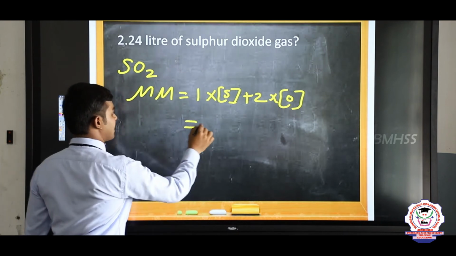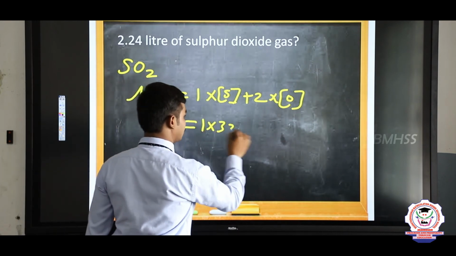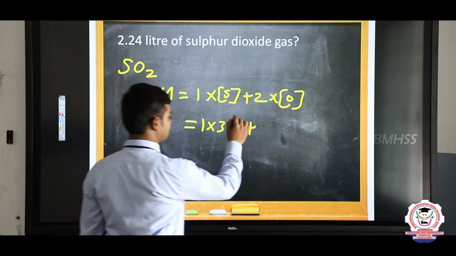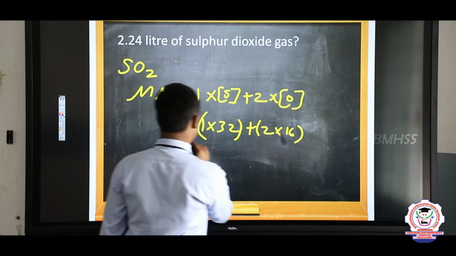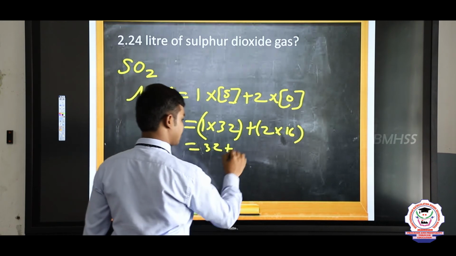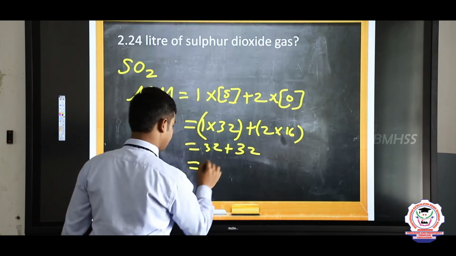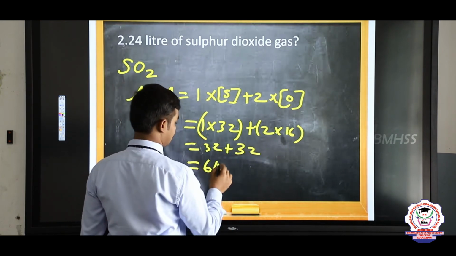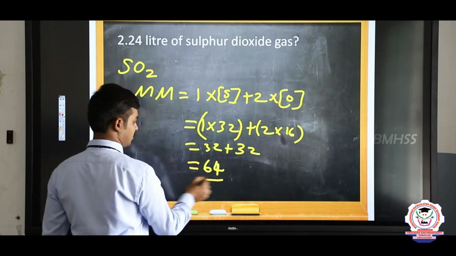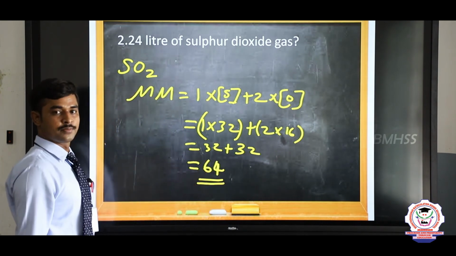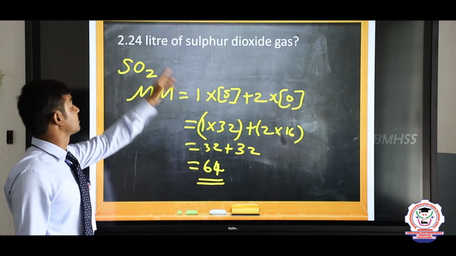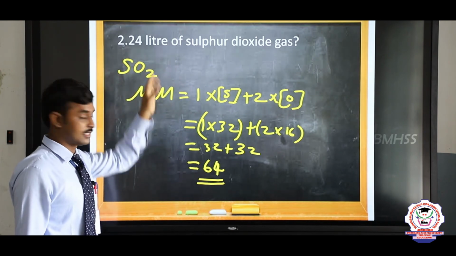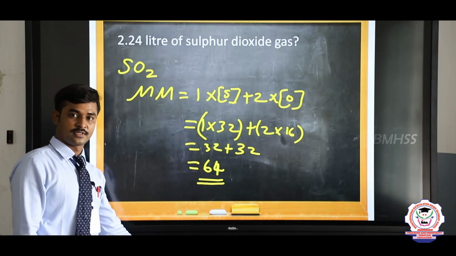The sulfur atom has a mass 32 and oxygen 16. So, 32 plus 32, finally 64.